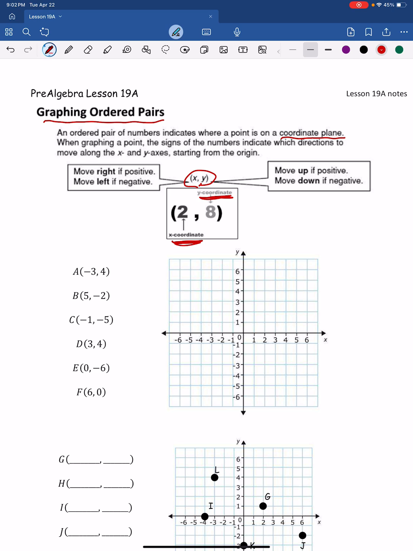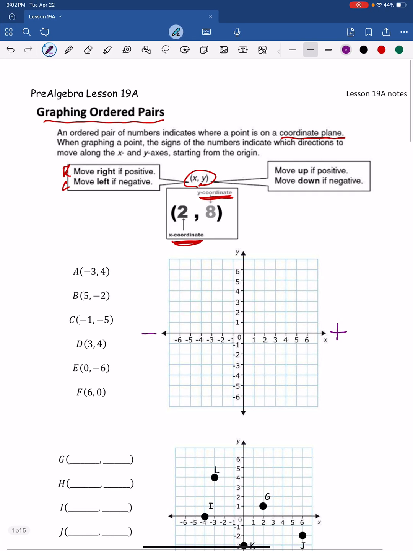If it is the x coordinate, that first number, we're going to move to the right if it's positive, and we're going to move to the left if it's negative. So I'm going to go ahead and put those on my graph down here, on the x-axis, which is right here. If I'm going this way, it's going to be positive. If it's negative, I'm going to the left, just the way the numbers are on the number line.